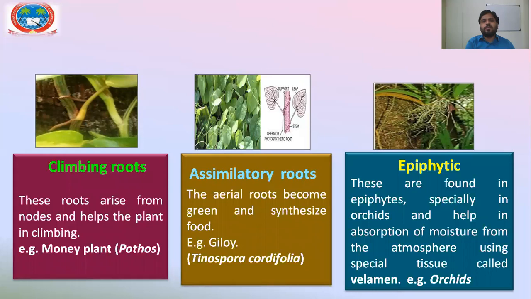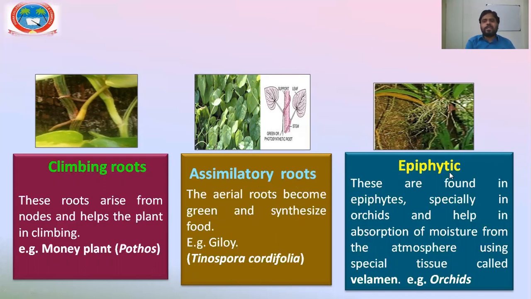They synthesize food material, and that's why this is called an assimilatory or photosynthetic root. For example, giloy, or Tinospora cordifolia, where the roots are green in color.